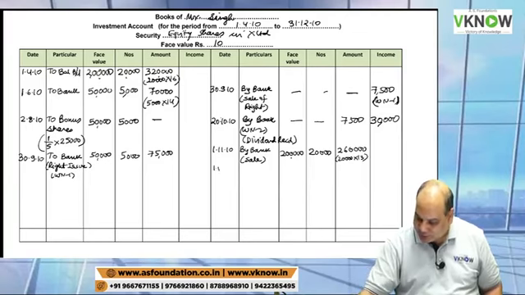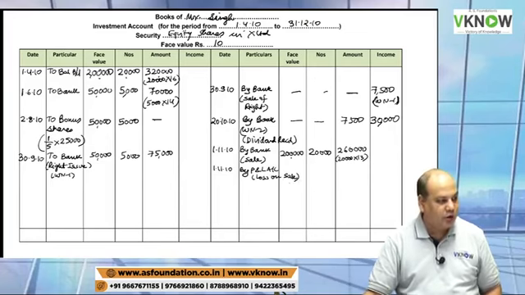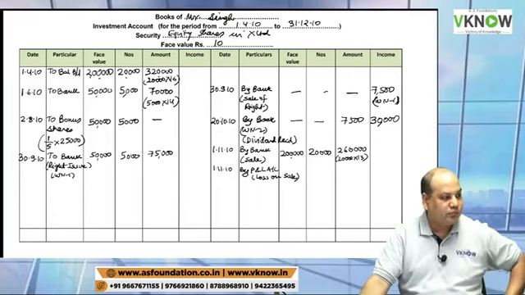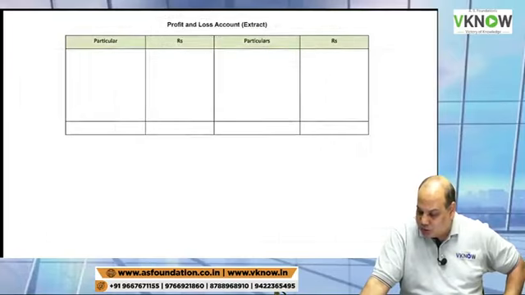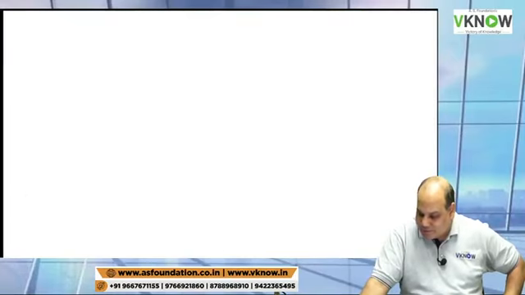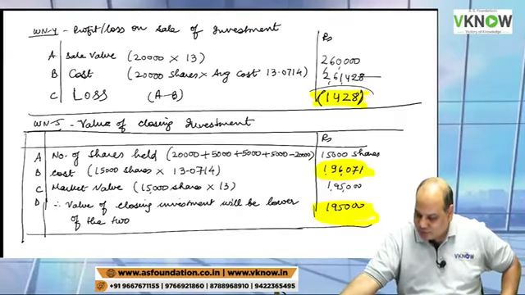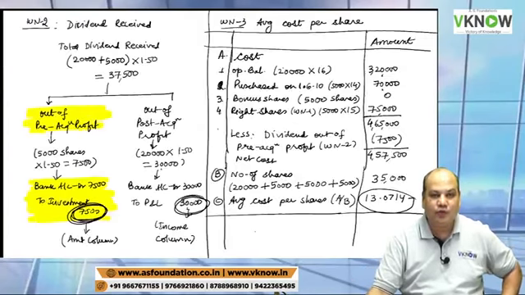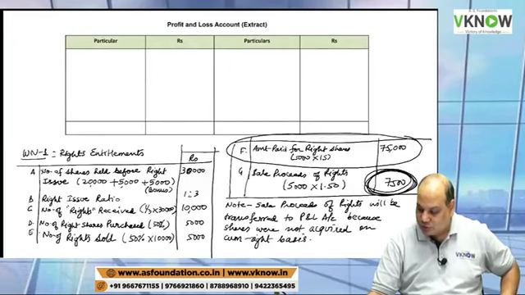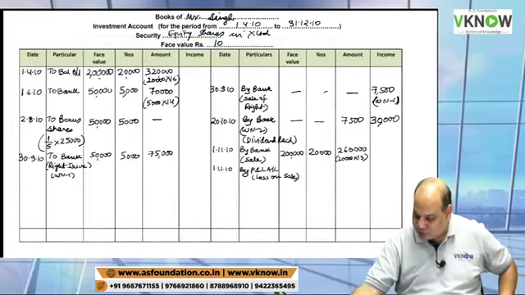And on the same day 1/11/10, by P&L account, loss on sale. What is the loss on sale? Working note number 4: 1428.